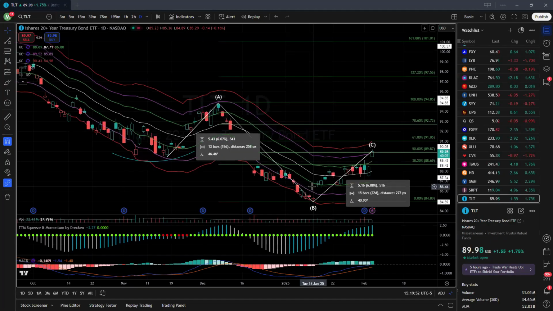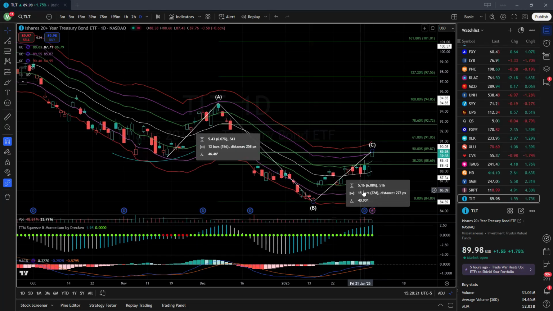I'm long 500 shares of TLT, and I am short a strangle. I'm trying to look at where my strikes are. I think my out of the money call is at 90, and my out of the money put is somewhere around 84.